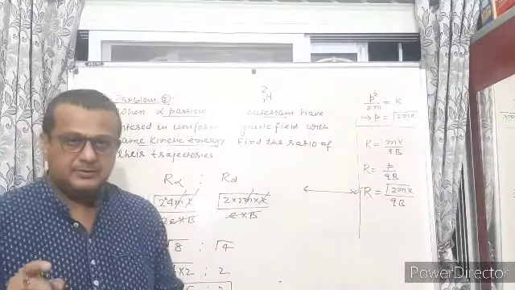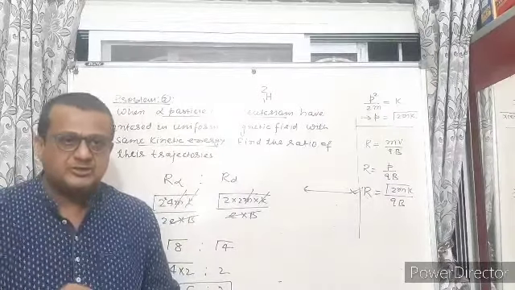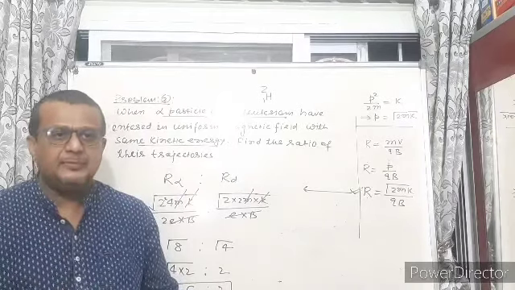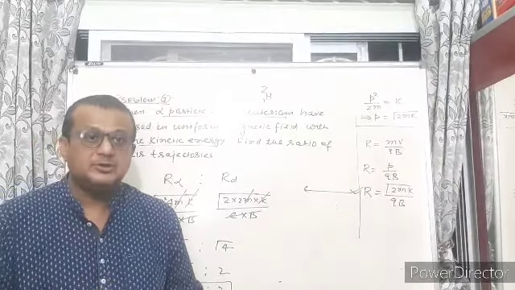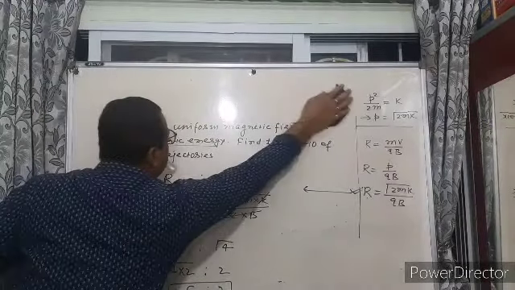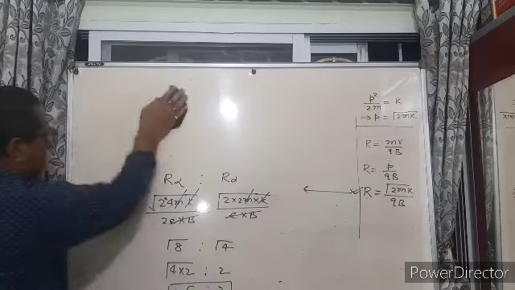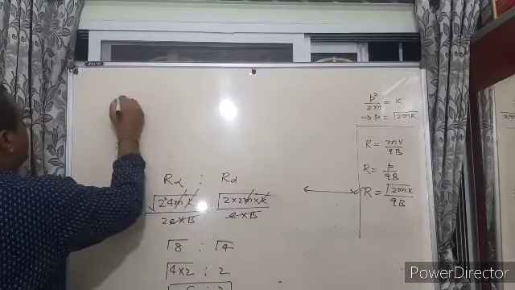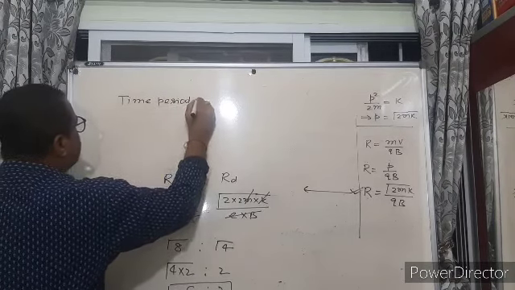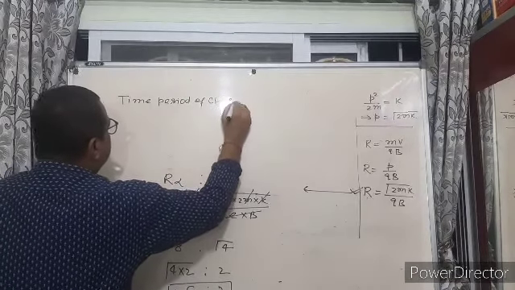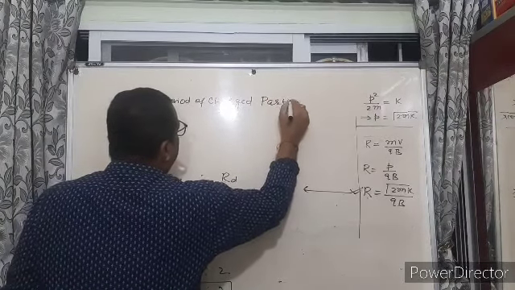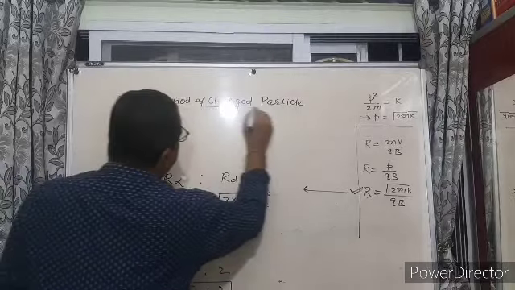When charged particle moves in a circular trajectory, once it moves, then time taken by the charged particle is called time period. So time period of charged particle.